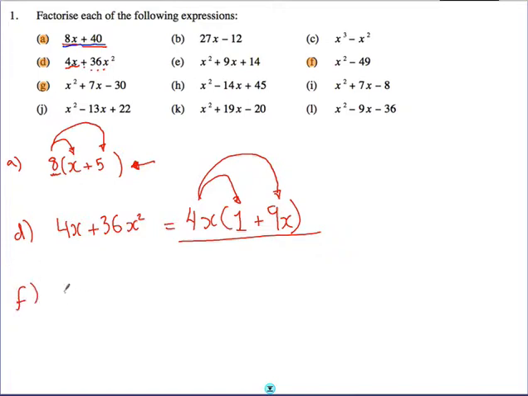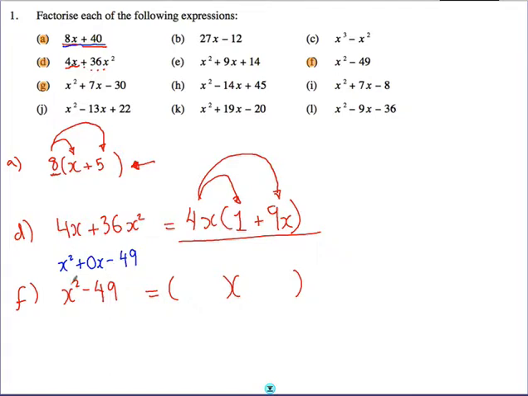F, very quickly, x squared minus 49. We've done plenty of these. We're going to have 2 brackets because x is just in one term. There is no x with 49. So this would be a quadratic. I'm just going to put 0x there. 0x is nothing.